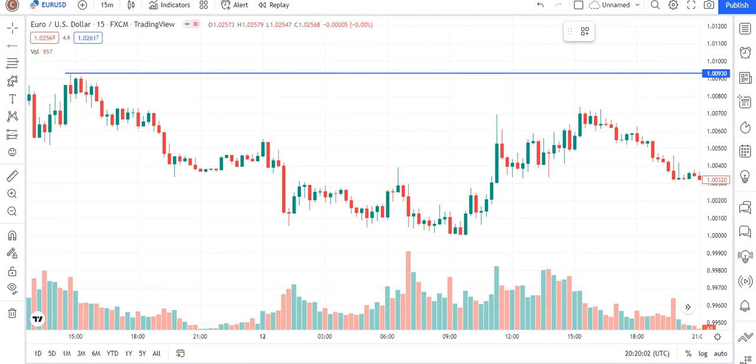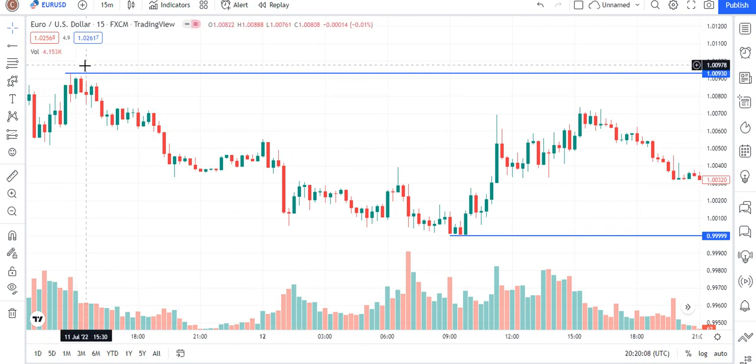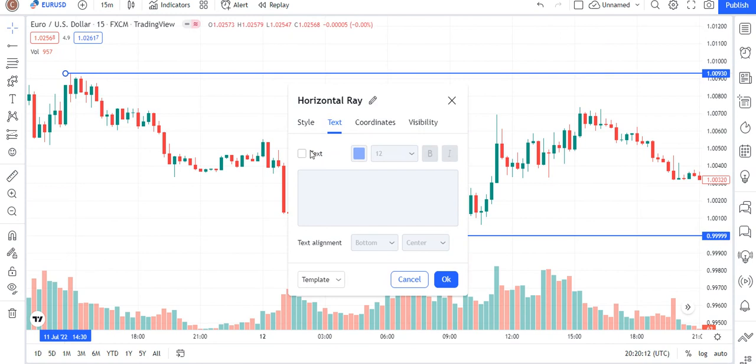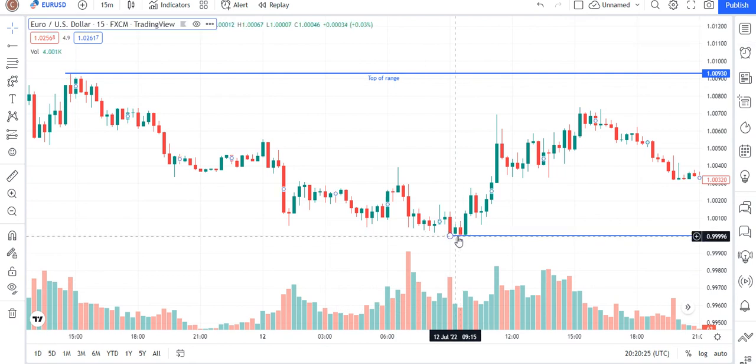You get another horizontal ray and put it at the bottom of the range. Then you edit that line and put a text there. You can say top of range. And the next one you edit as well.